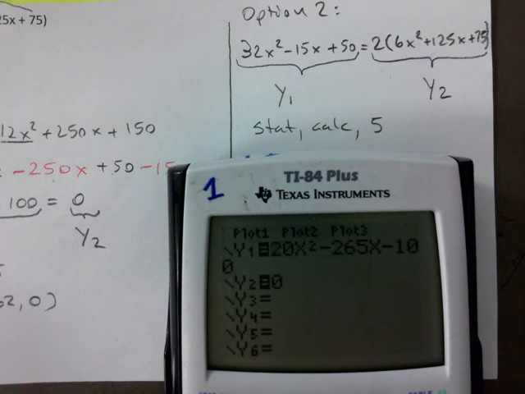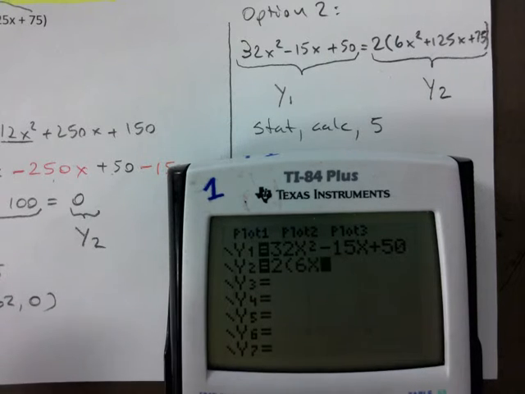Hit y equals, I clear whatever's in there. You go 32x squared minus 15x plus 50. Then you hit enter, and you go 2 times 6x squared plus 125x plus 75.